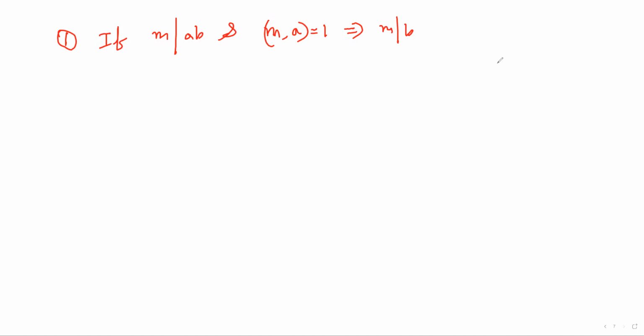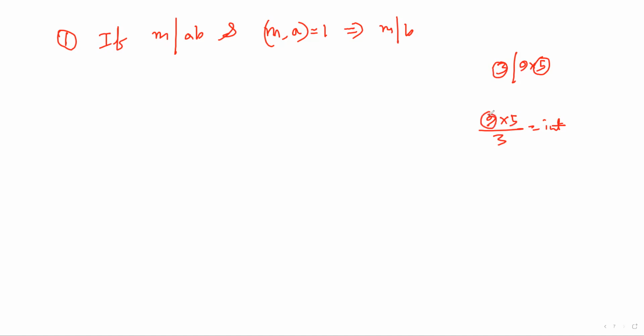So if you have a number, say 3, and it divides 9 times 5. Now, if 3 is co-prime to 5, then since 3 divides 9 into 5, it would mean 9 into 5 by 3 is an integer. So 3 has to cancel at least one of A or B. But since 3 and 5 are co-prime, 3 cannot cancel 5.